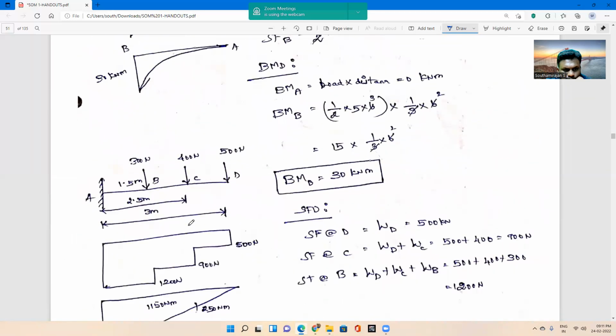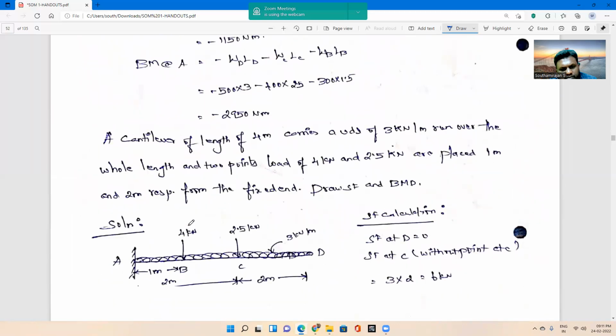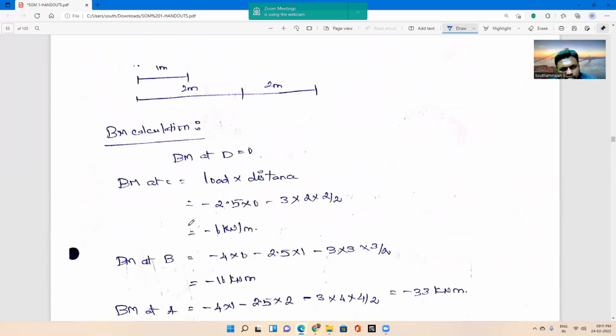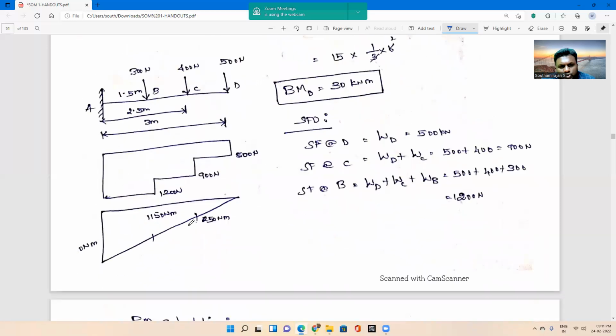So next, we will go through another format of load for a different combination of member. So far we have seen a cantilever with a single point load.